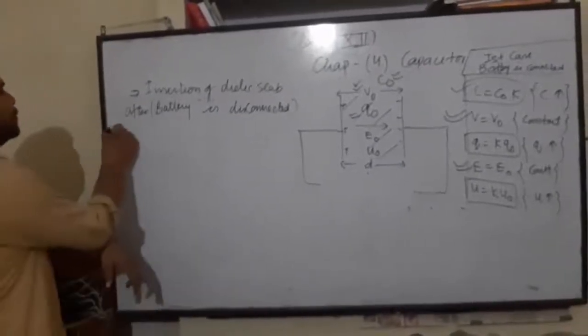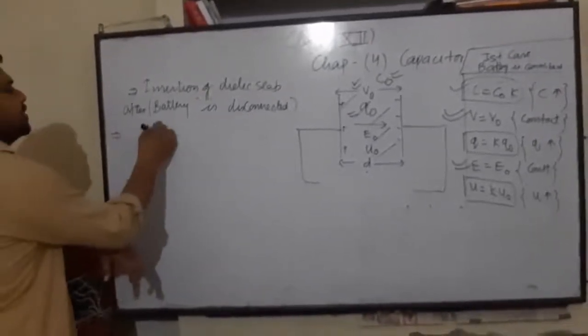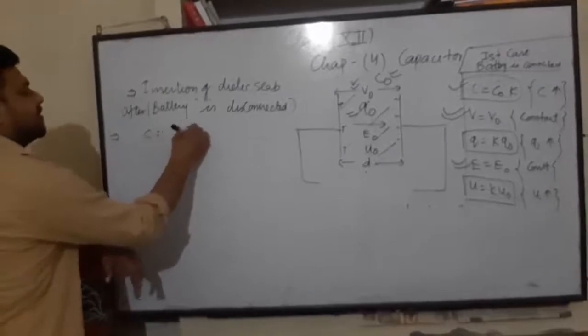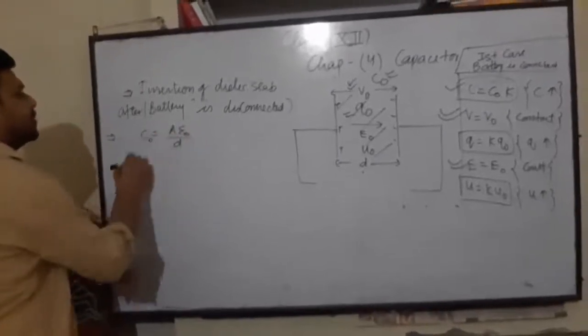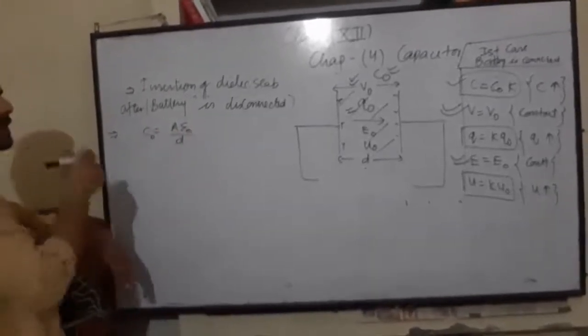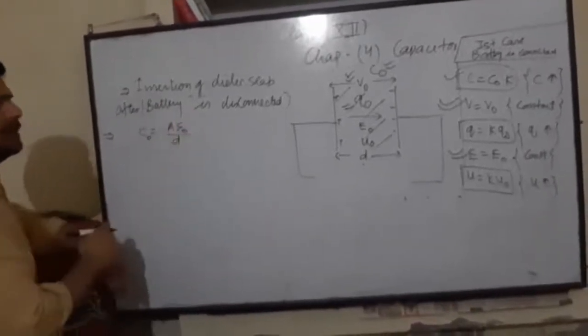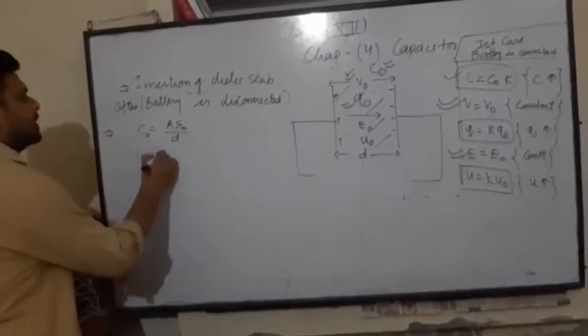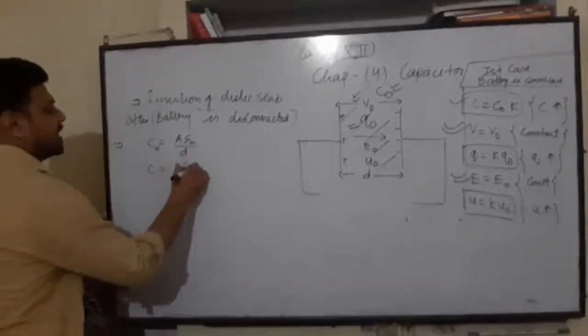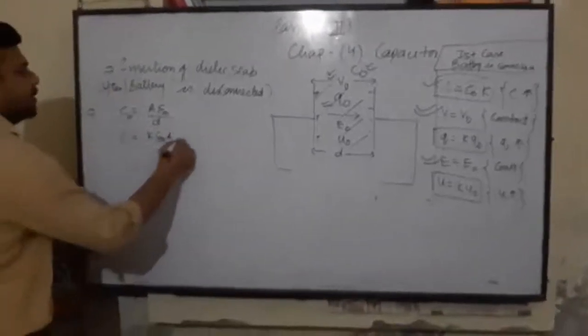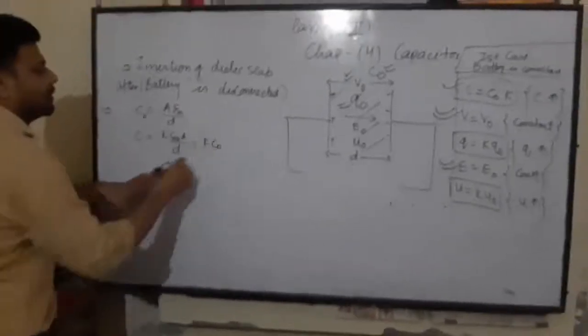As we know, the capacitance of an air capacitor is given by this formula, C naught equals epsilon naught A over d. After placing a dielectric in the complete space between the plates of the capacitor, the capacitance becomes K A epsilon naught over d, or we can write K C naught.